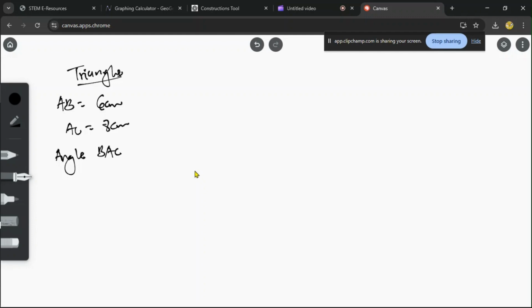Sometimes we write angle like this, angle BAC. If I write like that and I write like this, they mean the same thing. So it is 90 degrees. So you have these measurements. So how should my triangle look like?